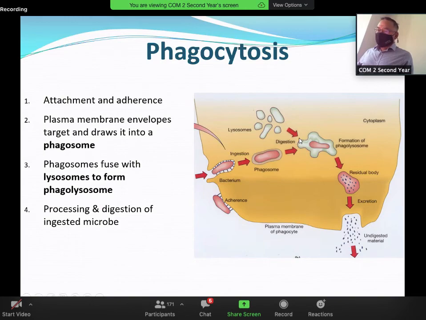And then in this diagram, these broken down fragments of this ingested bacterial cell are then excreted. But there's another important component of that, is that this phagosome keeps these degraded fragments and presents them to T cells, which we'll learn later in another lecture.